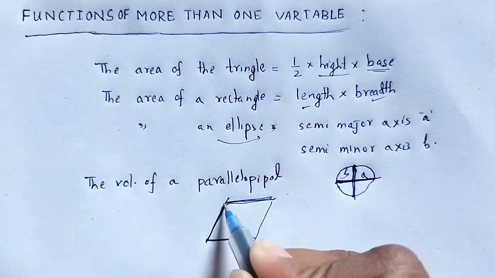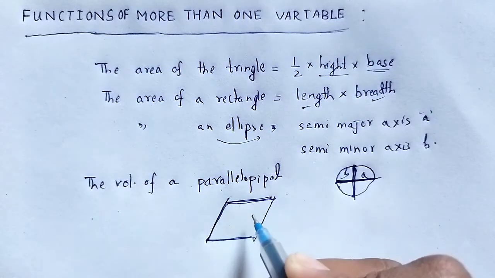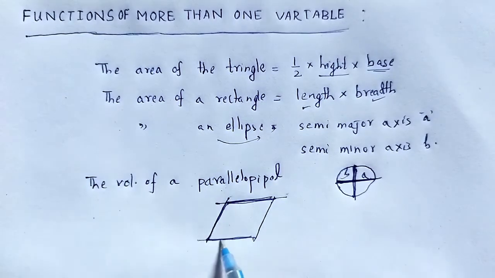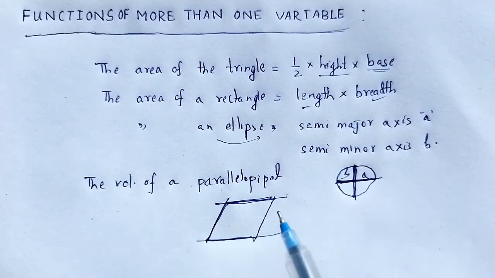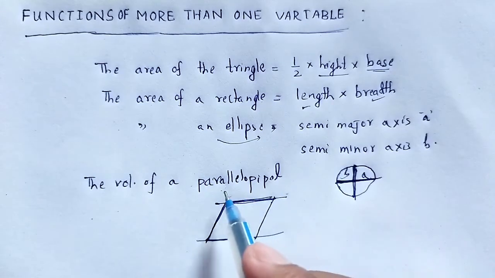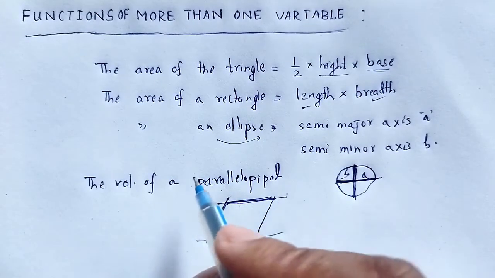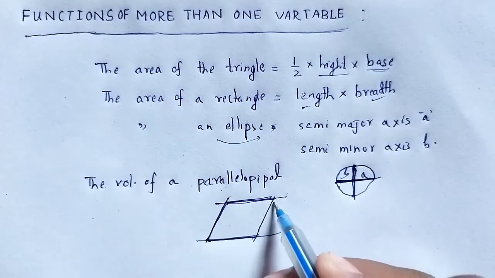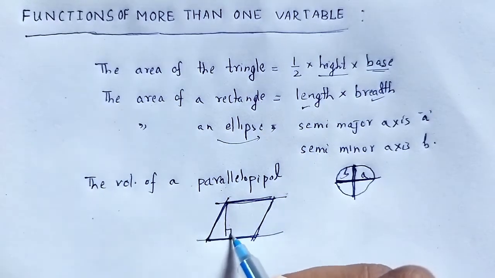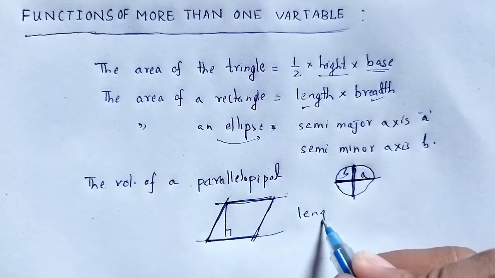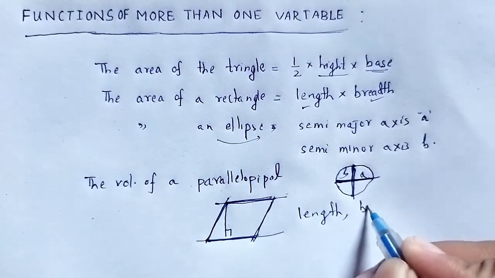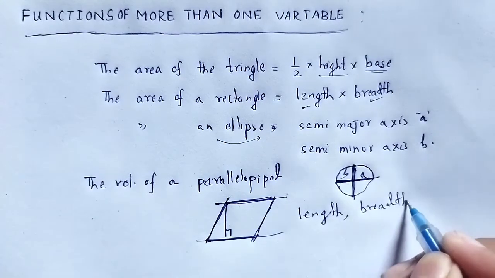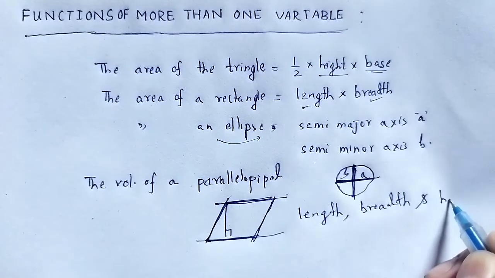These sides are parallel and those sides are also parallel, and that's why that figure is known as a parallelepiped, and the volume of that parallelepiped depends upon its length, breadth and also height.